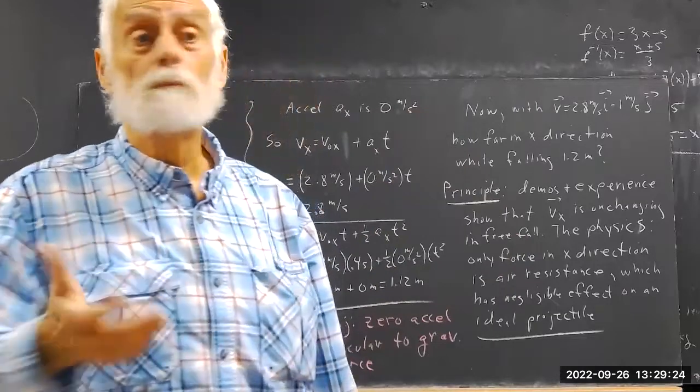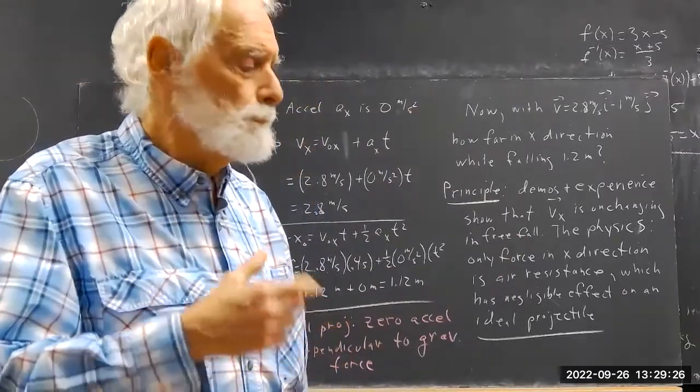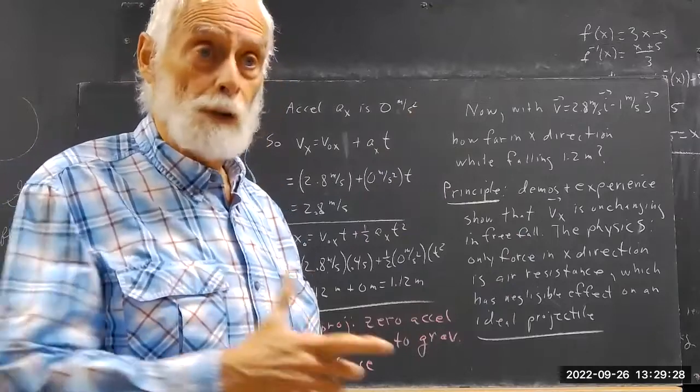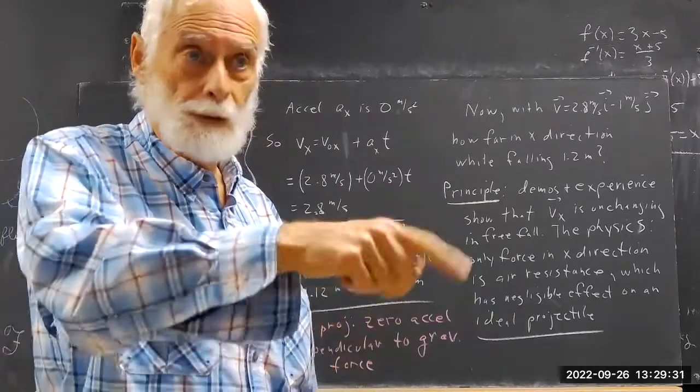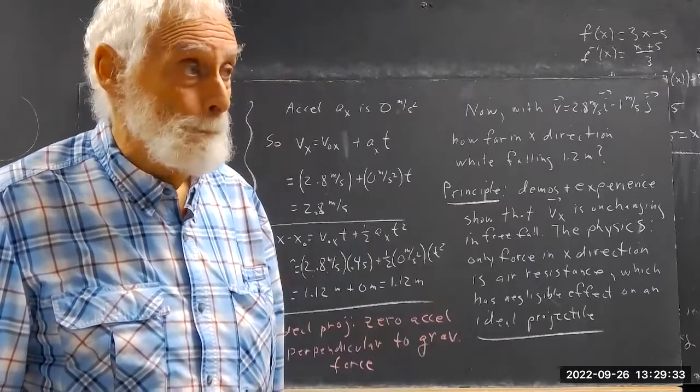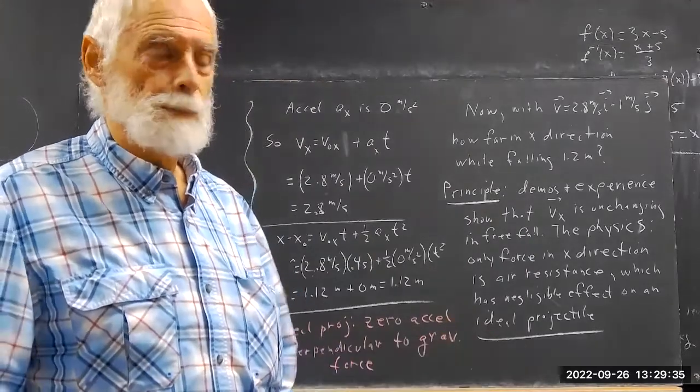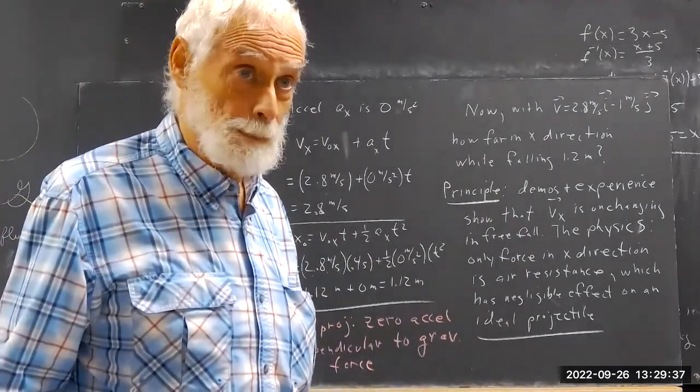So, let's just assume that the x component of the velocity is equal to whatever velocity you've got when you dropped it, when you divided your distance by 0.44 seconds or whatever it was.